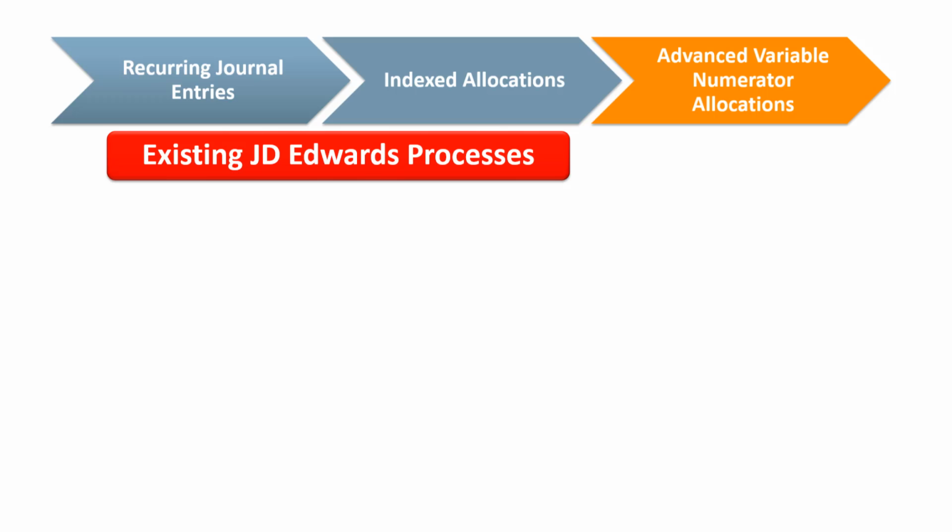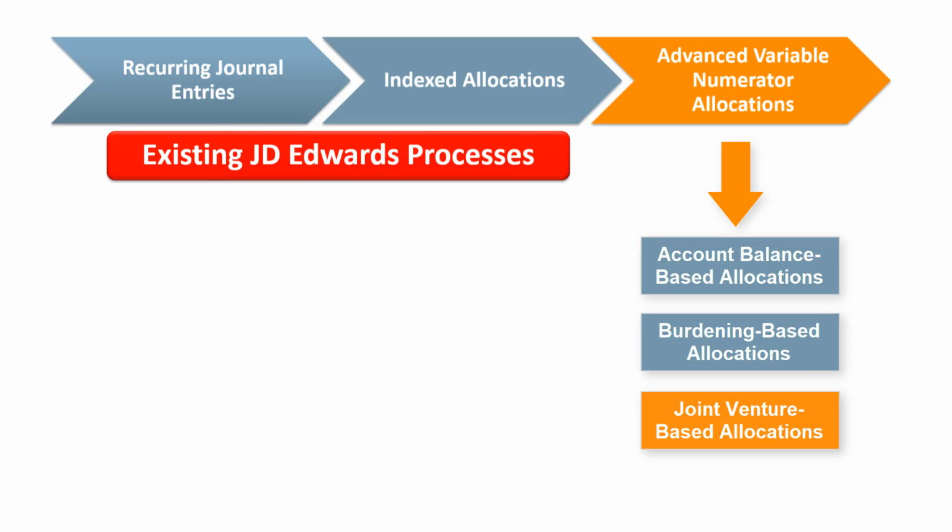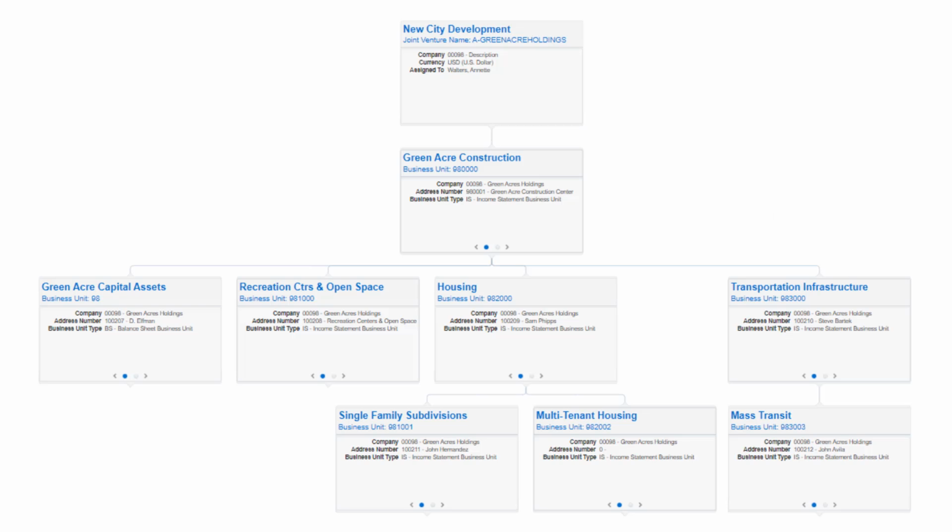partner. Advanced variable numerator allocations is a feature in the JD Edwards financials system that enables you to perform various types of allocations. Use the allocation type joint venture based allocations to allocate indirect costs to the joint venture.